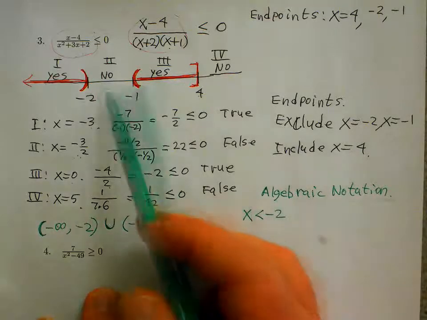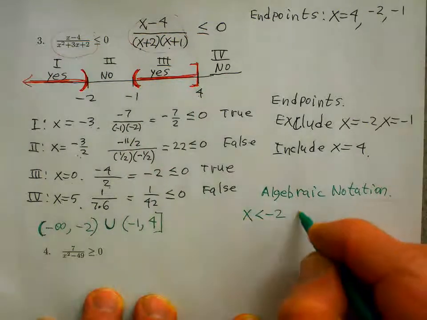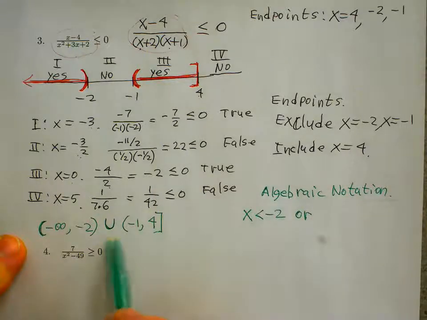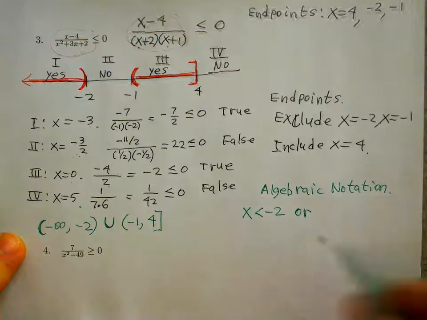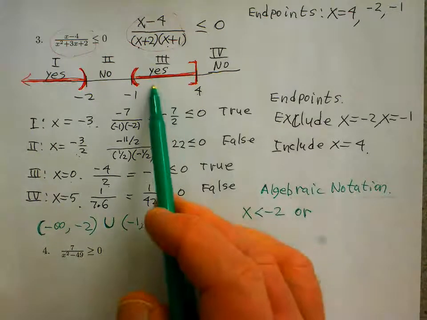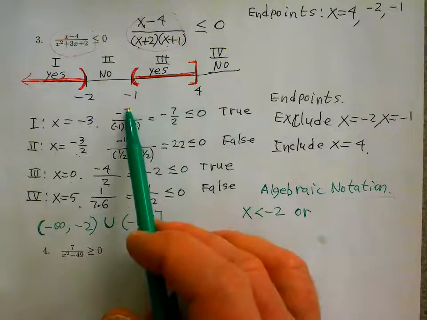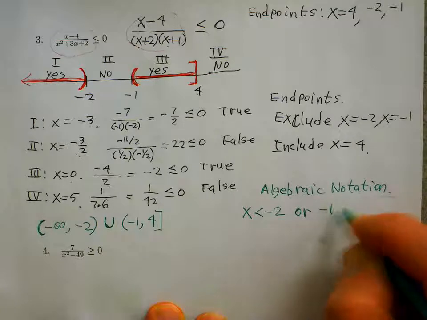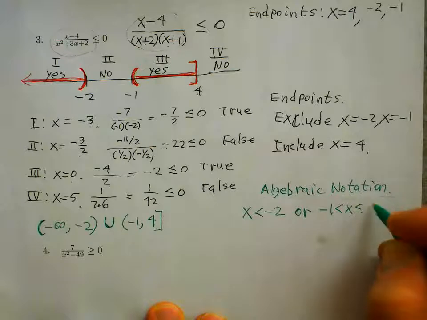And then we have another disjointed interval, so we use the word or. In interval notation, the union symbol is what is translated from or. And then for this set of numbers, -1 to 4, excluding -1 and including 4, we write -1 is less than x, which is less than or equal to 4.